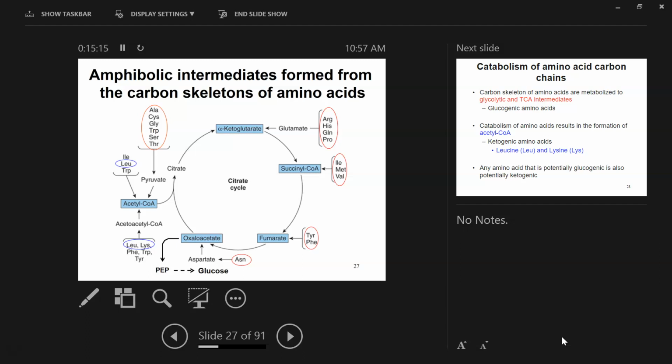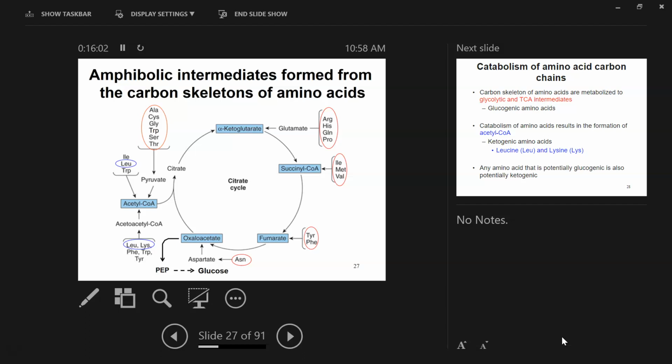And some of the amino acids, for example leucine and lysine, are metabolized to acetyl-CoA, right? So that means these two amino acids are only ketogenic, and they are not able to be used for gluconeogenesis. The other amino acids can be used for gluconeogenesis because they are able to enter the intermediates in the gluconeogenic pathway, right?